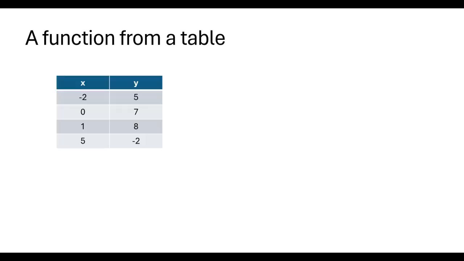Well, let's take a look at an example of a function from a table. In our table, you can see we have x values and y values. For our sets, x would be the domain, y would be the range. When we look at the x values, we have -2, 0, 1, and 5.